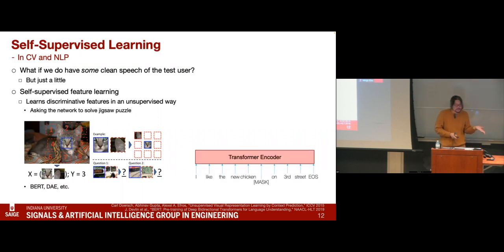And in NLP, for example, say: in Bloomington, we have a new chicken place on Third Street. If the model has to estimate this marked word, then what's going to be the next word? Restaurant, chicken place, chicken wing, there will be the more popular choices, right?